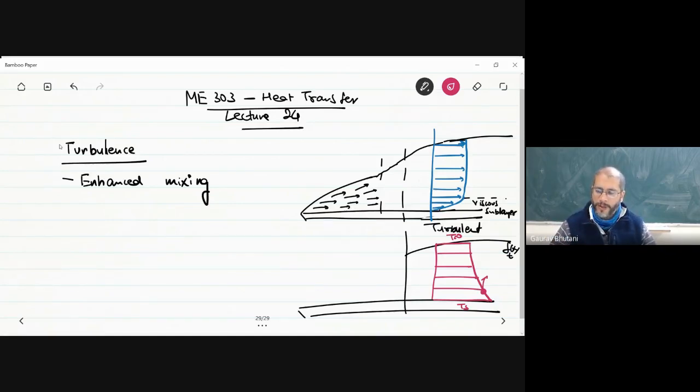So this makes the temperature profile also very flat in most of the region, because the molecules are jumping between layers, so they are carrying energy, or the temperature deficit or increased temperature. So this results in a boundary layer for temperature which mostly looks flat, and then towards the very bottom you see a strong gradient in temperature, and this is all for a turbulent region.